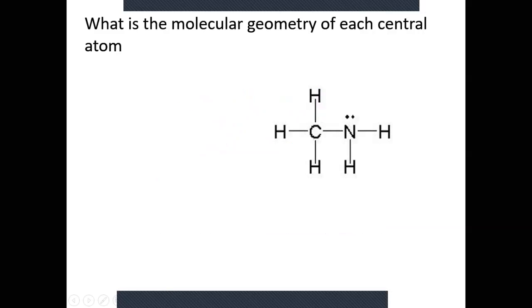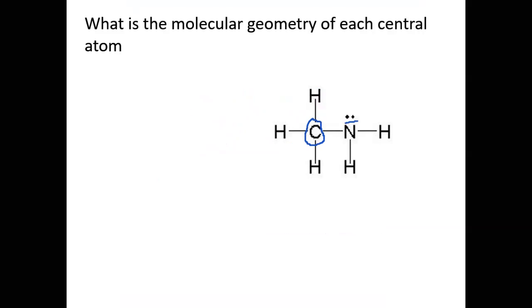So sometimes you may have multiple central atoms. We want to determine the molecular geometry for each central atom. So here in this one, carbon is a central atom and nitrogen is a central atom. So in organic compounds, you can have more than one central atom. And so we've got to determine the geometry of each one.